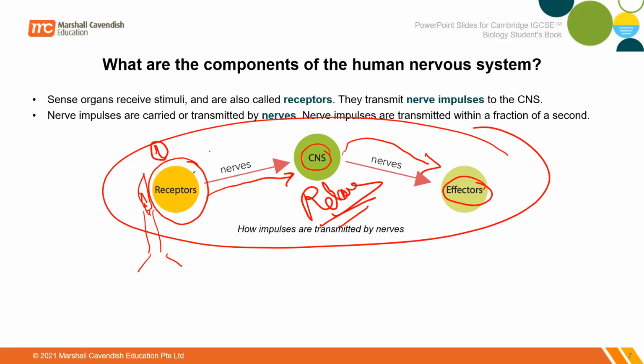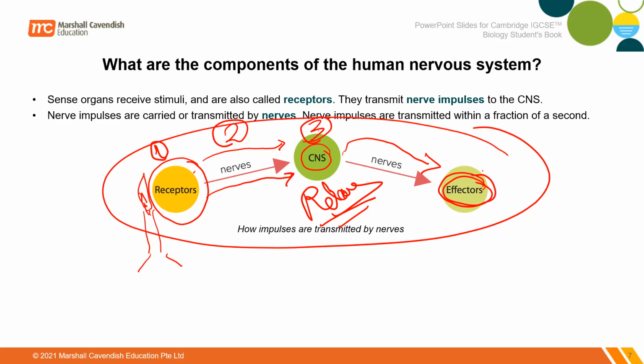Then the message will be transmitted through the sensory neuron to the central nervous system, in which we have the relay neuron to coordinate the action needed. And finally, the effector, which is the muscle or the gland, will take the action and be the end point.